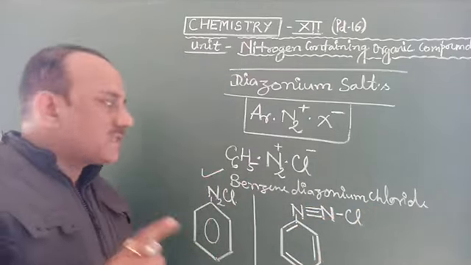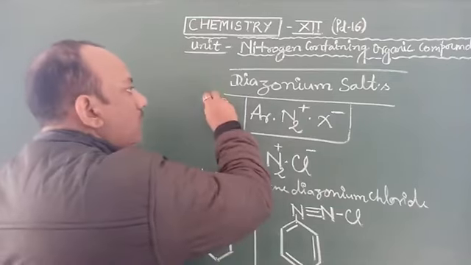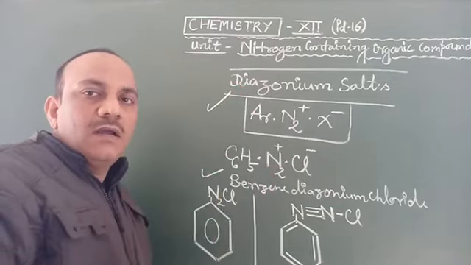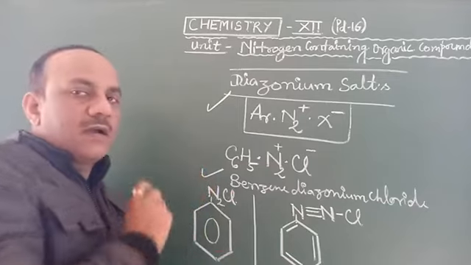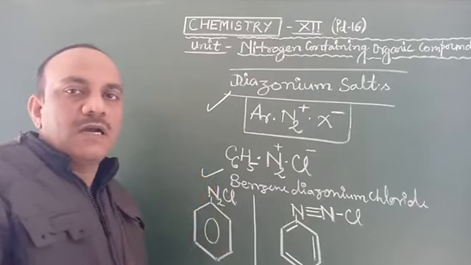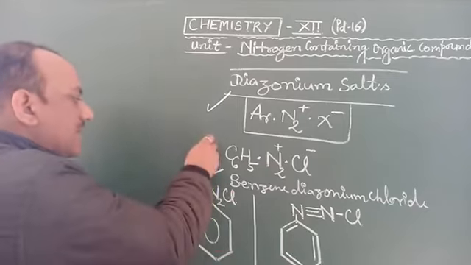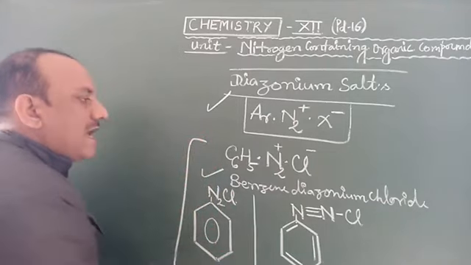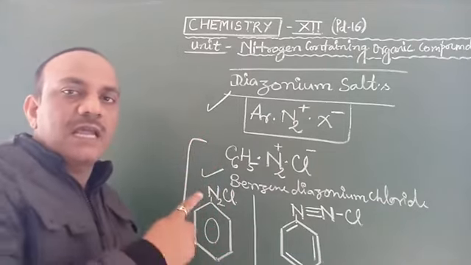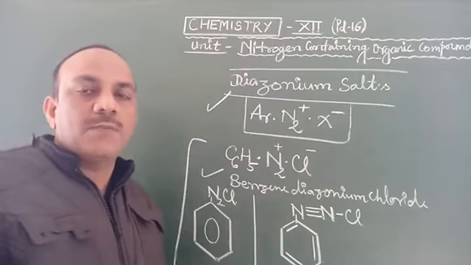So students, first we discussed what diazonium salts are and how we can make them. Then we go on to the preparation method of benzene diazonium chloride with its chemical reaction and with the help of a diagram.